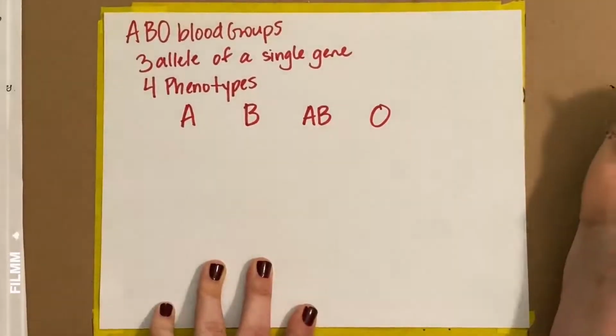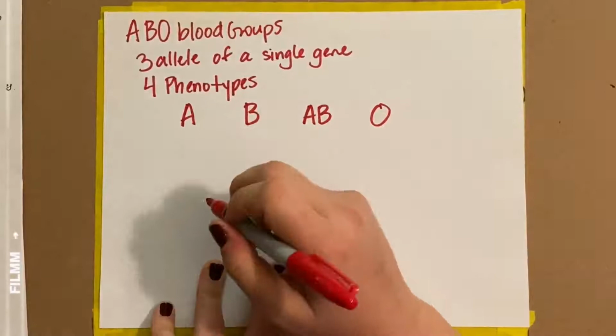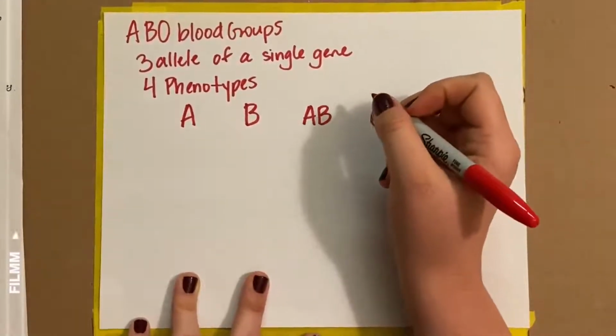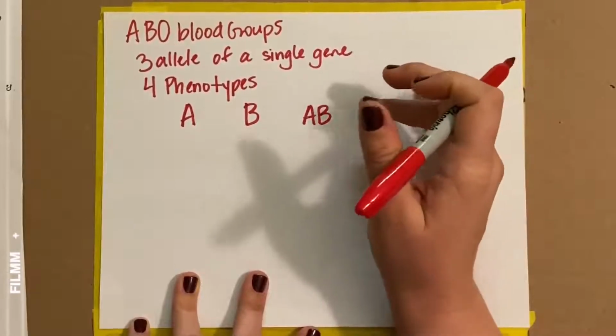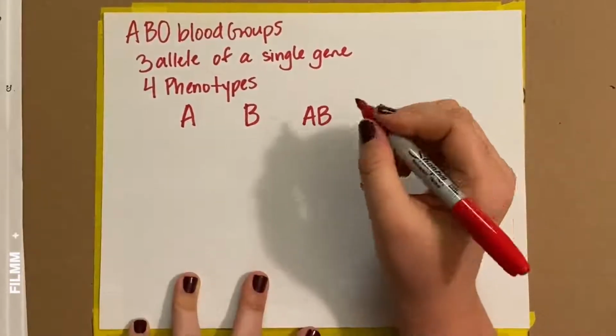What these A and B are actually referring to are carbohydrates on the surface of red blood cells.